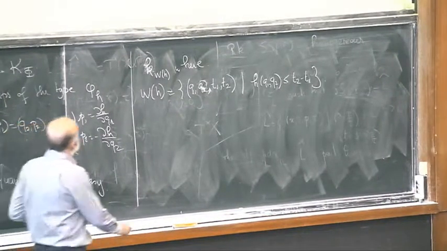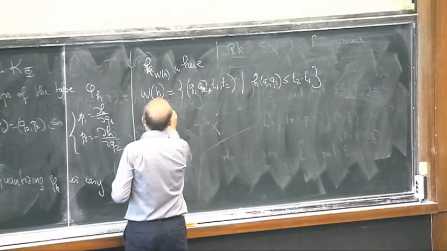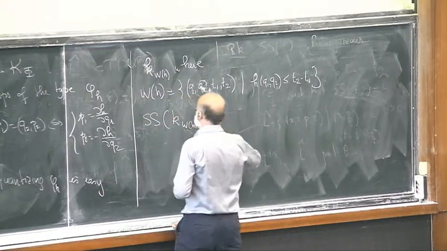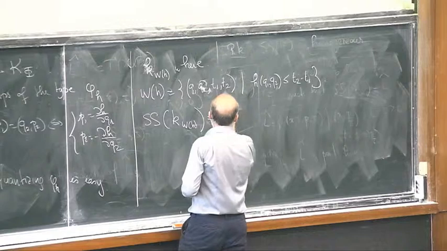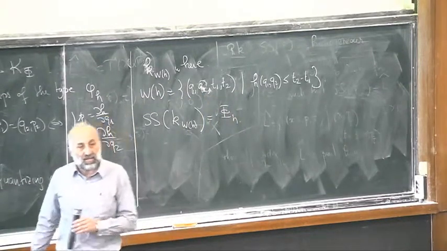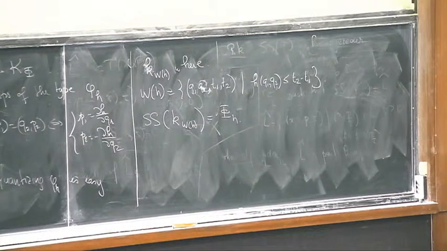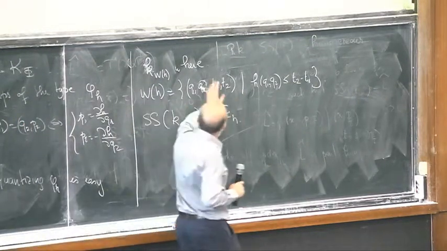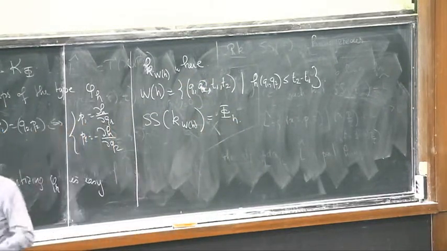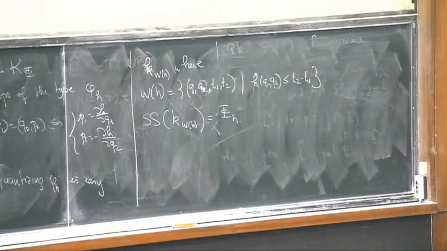And you can check, it's not very hard to see, that the singular support of K_{W_H} is actually the lift capital Phi_H of phi_H. So you just have to quantize very simple maps. And once you quantize very simple maps, or I mean a small family of maps, the maps of type phi_H, then you know that you're going to be able to quantize everything by just this calculus of kernels.